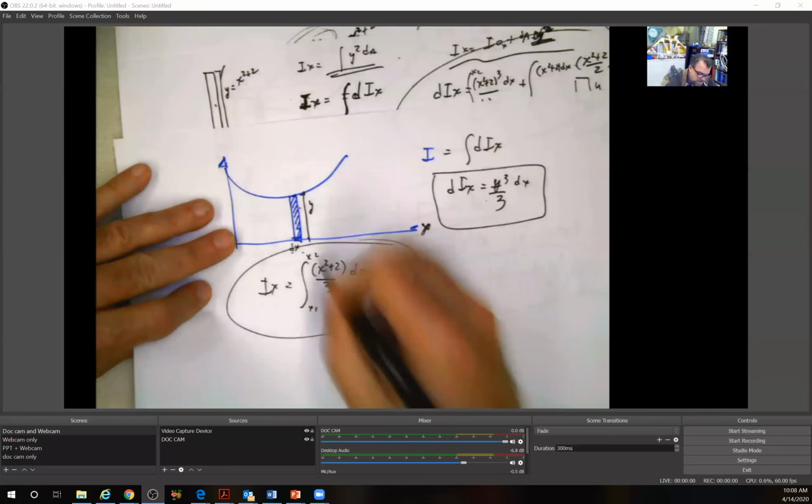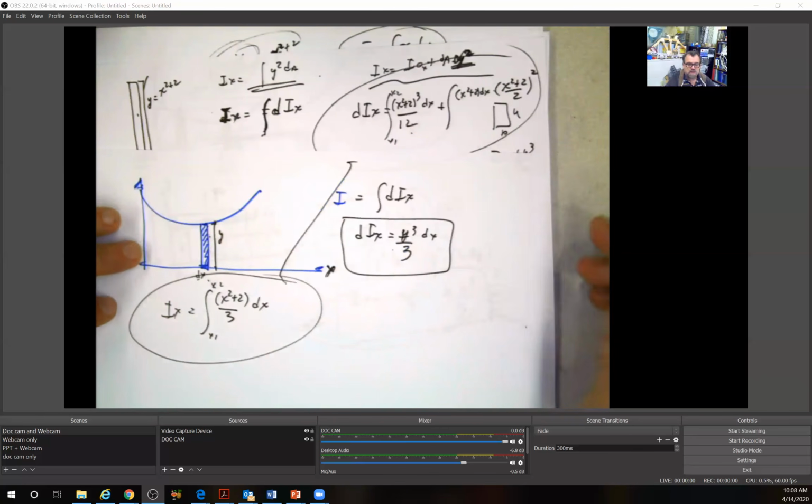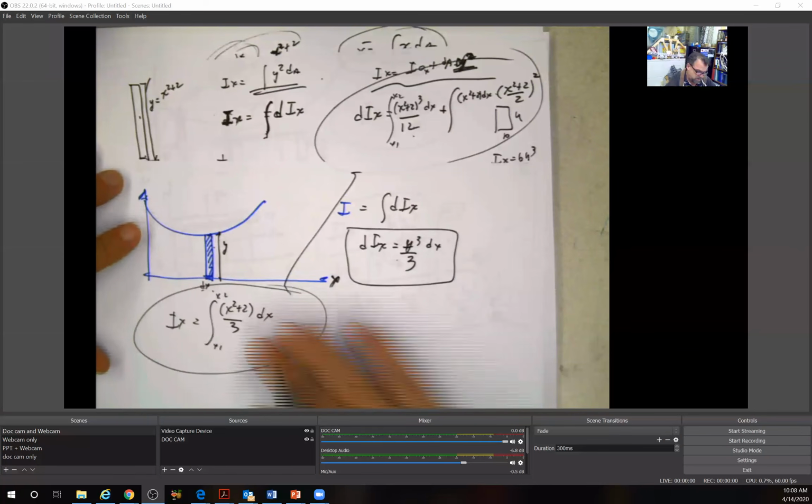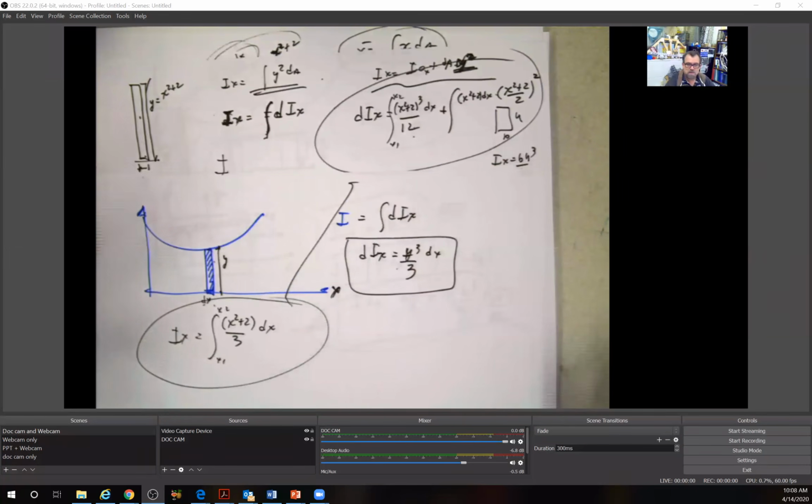Now compare this integral with those integrals, and if you do it, you should get the same result. So I encourage you to do this and see what is happening there. Any questions?